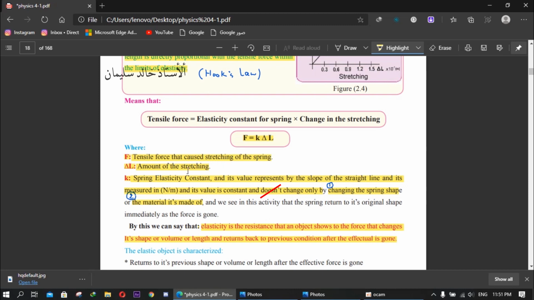Delta L is the amount of stretching. K, the spring elasticity constant, has a value that represents the slope of the straight line, and it's measured in Newton per meter. Its value depends on the spring shape and the material it's made of.